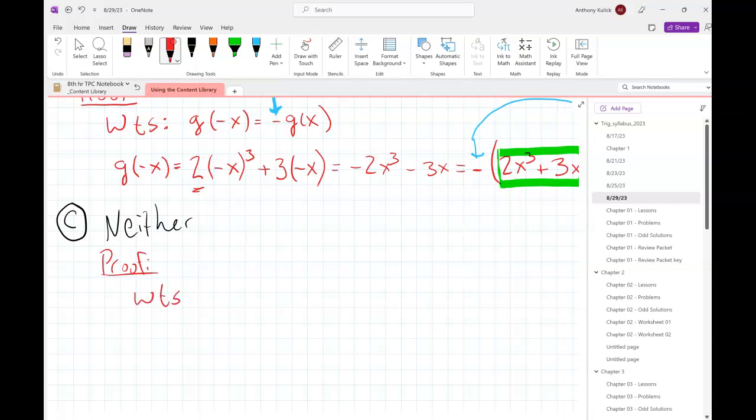So to show it's neither, we have to do two things. We have to show it's not even, and we have to show that it's not odd.